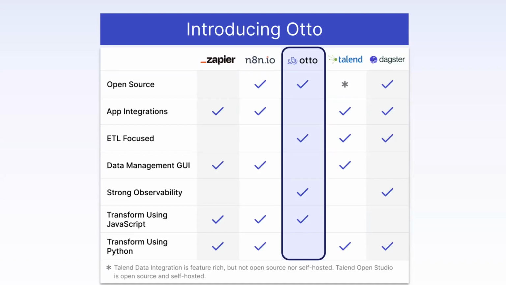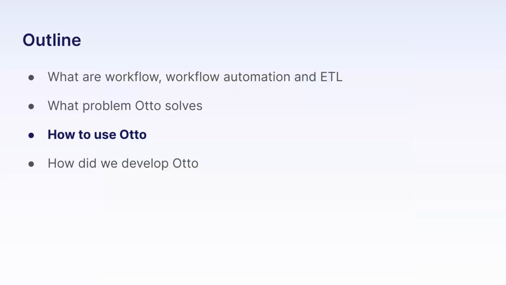We allow users to use JavaScript to manipulate their data, and we provide high observability into nodes and workflow executions. Otto is a nice option for light ETL users who prefer to use JavaScript and want high observability for their workflows. So now let's move on to how to use Otto.